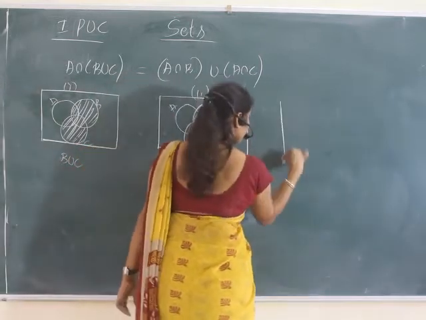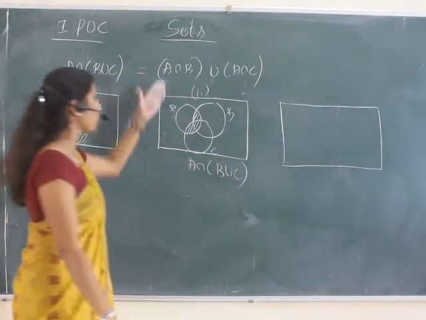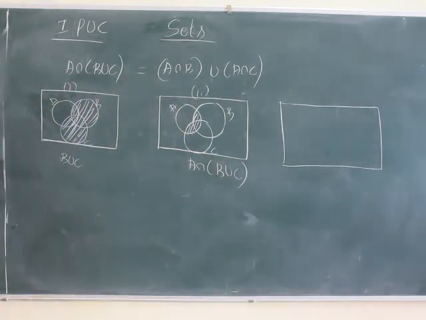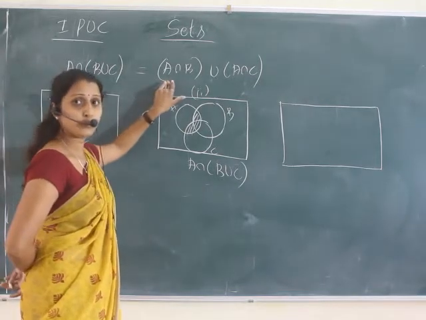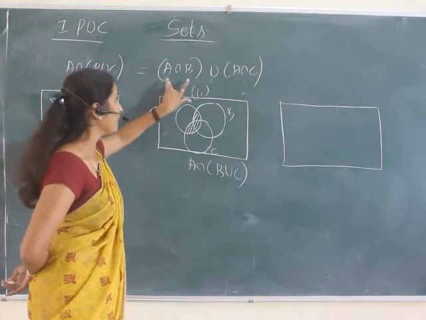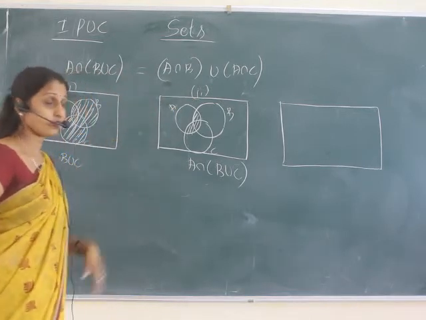Next, I'll show A intersection B and A intersection C. In this we can see only two sets, A and B, but now we are proving for three sets, so we have to draw all three sets in the Venn diagram.